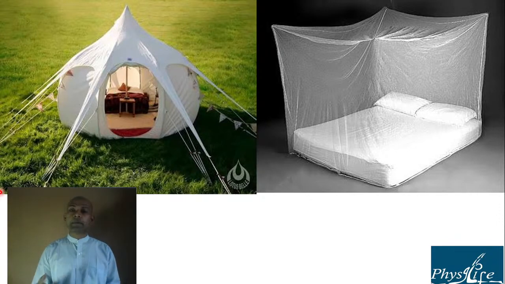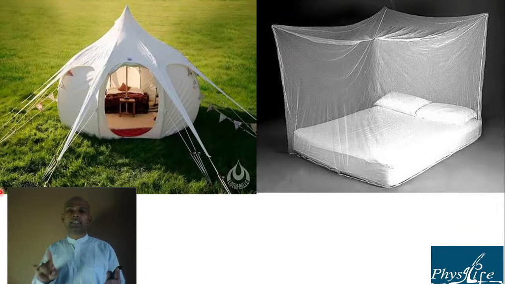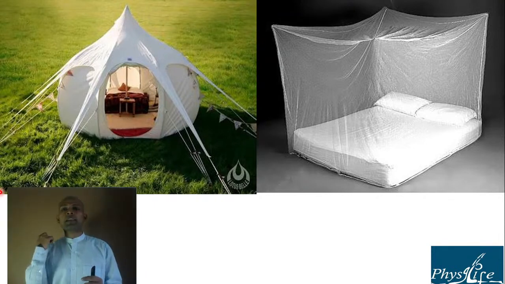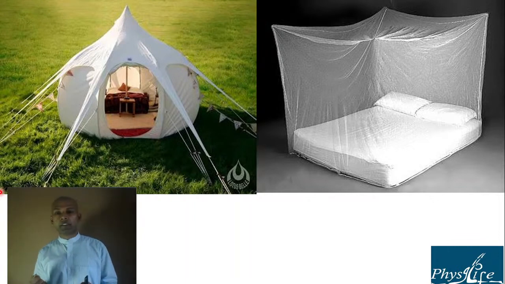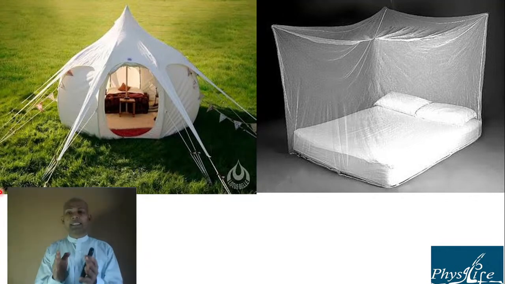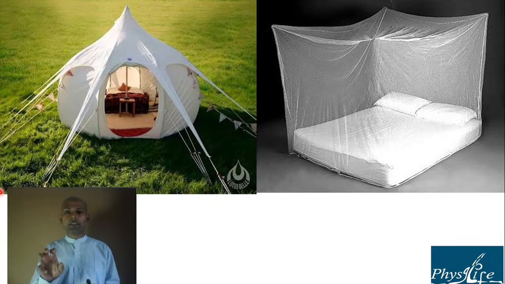You can use the same analogy, where the optimum tension in the four corners is very important, and they are attached to some poles, and the poles here are the bones, and optimum tension in the ropes is the tension in the myofascia, and that holds the whole structure together. However, while this picture shows a beautiful bed and mosquito net, in reality, it's very difficult to achieve this kind of balance in all four directions.